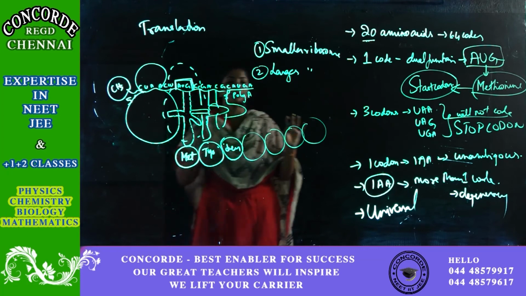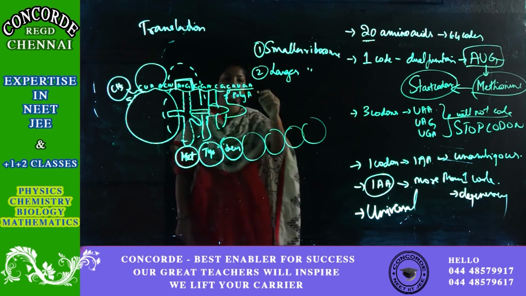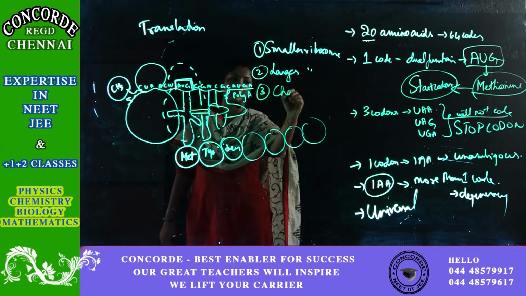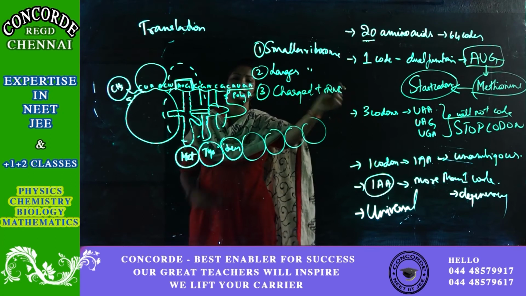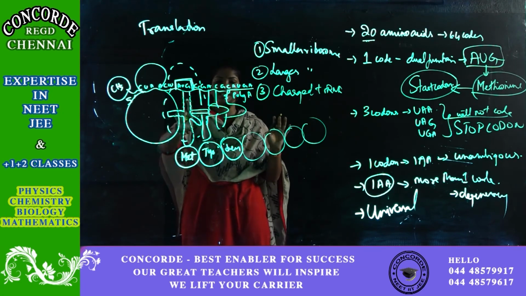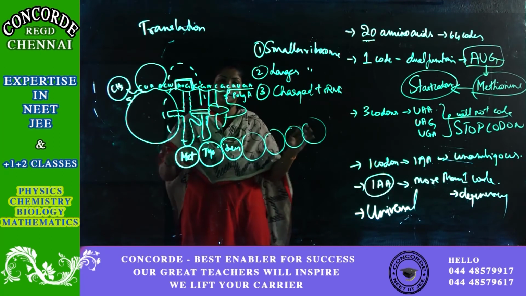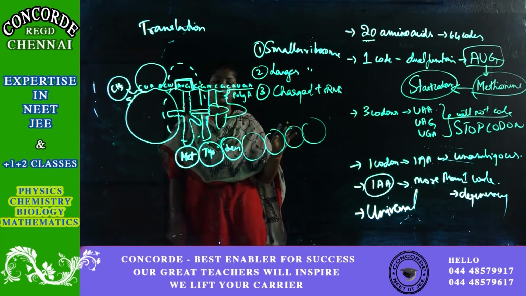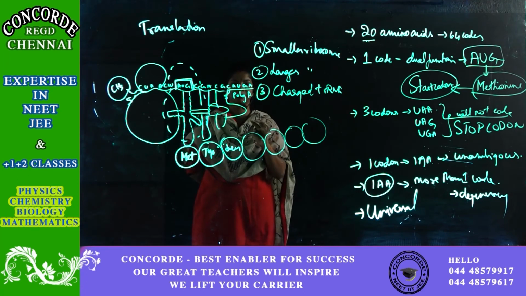Now, the tRNA carrying the amino acid is called charged tRNA. If I say charged tRNA, it means it is carrying the amino acid. Charged tRNA brings the amino acid, leaves it for the synthesis of protein, and then leaves uncharged. Now, there are three important sites in the process of protein synthesis.